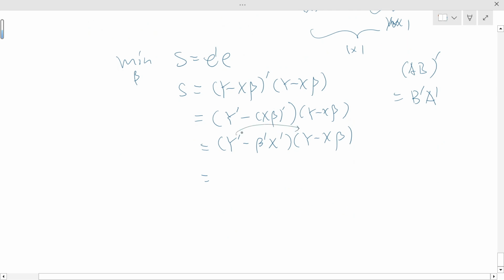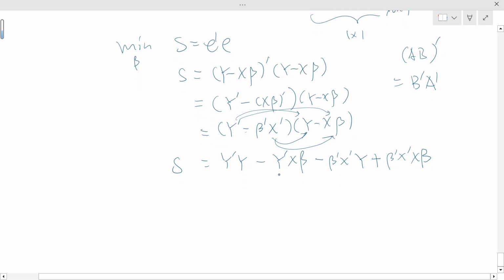Multiply this and this: y prime y minus y prime X beta. Then this and this: minus beta prime X prime y. There's a negative sign here, so actually it's positive, minus one times minus one is positive: plus beta prime X prime X beta. This is our S.